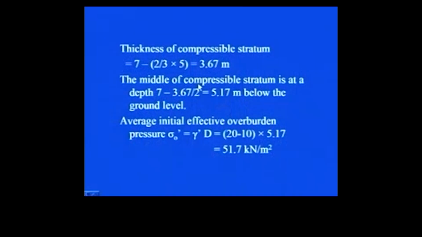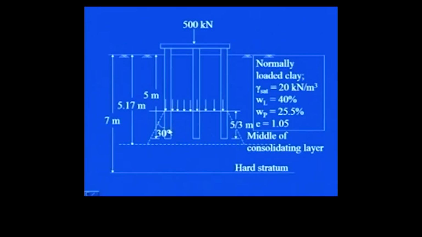So the middle of the compressible stratum is at a depth of 7 minus 3.67 by 2. You can see here that this is where the middle of the consolidating layer is. If you place your raft here, the equivalent width will be whatever is contributing, because here it is a hard stratum which is lying at 7 meter.